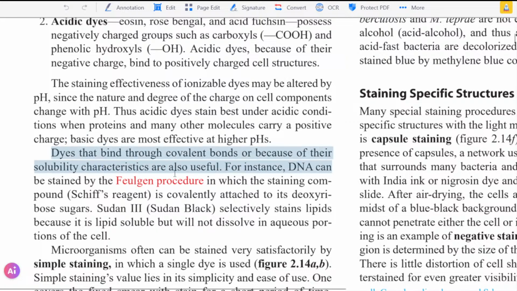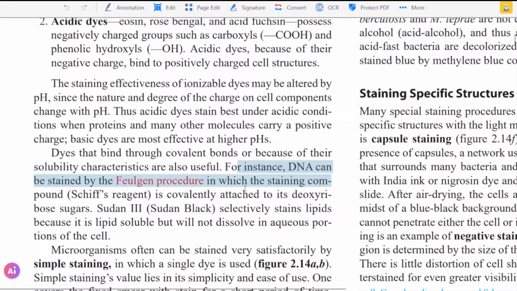Dyes that bind by covalent bonds, or that are useful because of their solubility characteristics. So this is what we were talking about, the ionizable dyes, right? Now we are talking about the dyes that form covalent bonds, not ionic bonds.